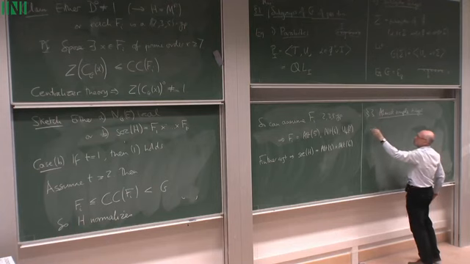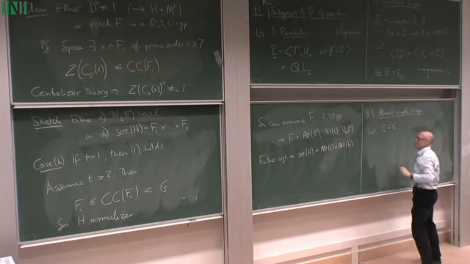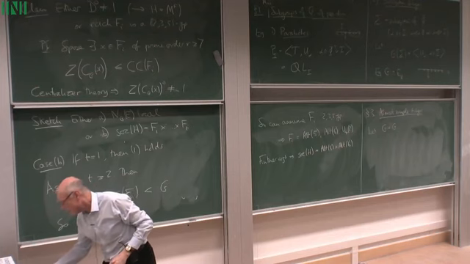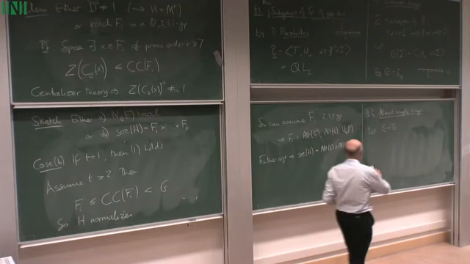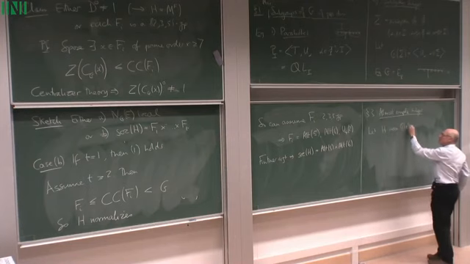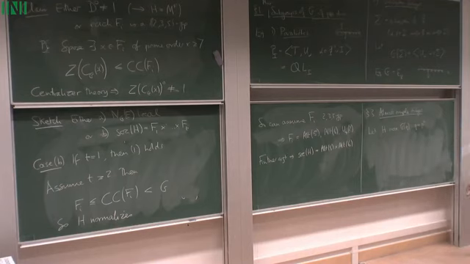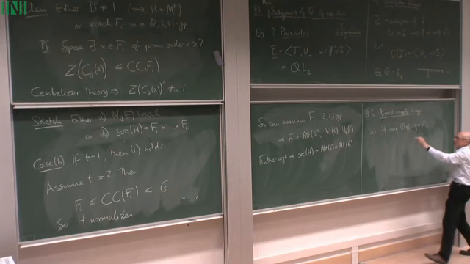Of course, there are two cases. Let's take H to be our maximal subgroup of our exceptional group G of Q, P the characteristic, and let's assume H is almost simple.